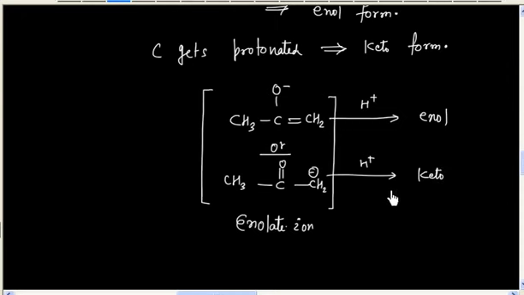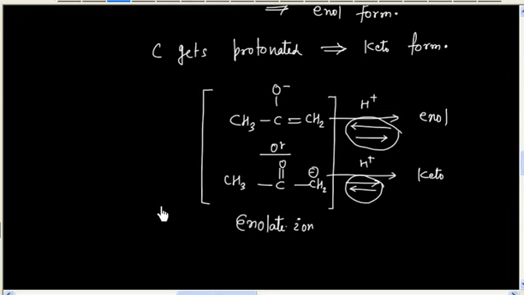So we can go from keto to enol by the intermediate of enolate ion. So enol form can change into enolate ion and then it can generate keto form. Or the other way, keto form can change into enolate ion and it can generate enol form. So basically we can convert keto to enol and enol to keto. So there is an equilibrium between keto and enol form.